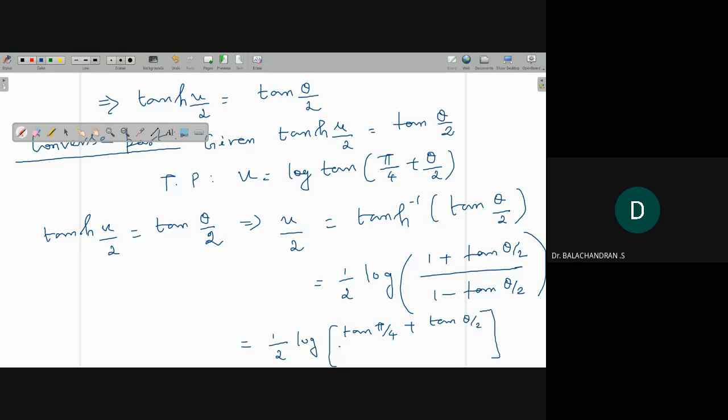The denominator, 1 minus tan pi by 4 is 1 into tan theta by 2.